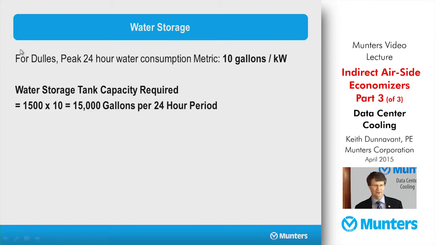That varies a little bit from city to city, but for Dulles, Virginia, a good metric to use is 10 gallons of water consumed per kilowatt of load. So your water storage tank required is 1,500 times 10, 15,000 gallons of capacity for this 1,500 kilowatt load. And that'll cover you for the worst case 24-hour period on a loss of water.